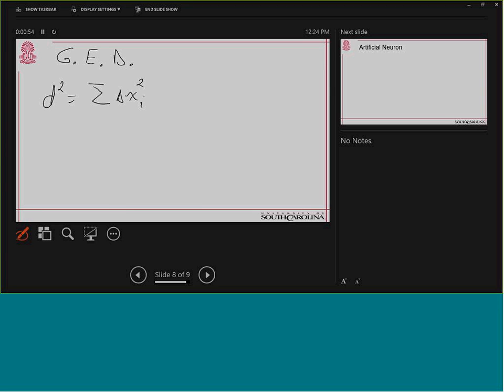Now, a simpler way that I can represent this is that every point in space can be represented by a vector with components x1, x2, all the way to xn. This is an n-dimensional space. Now, the Euclidean distance is nothing more than x transpose multiplied by x, however you want to look at it.